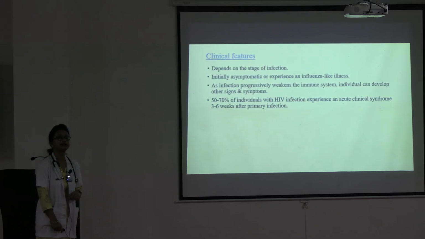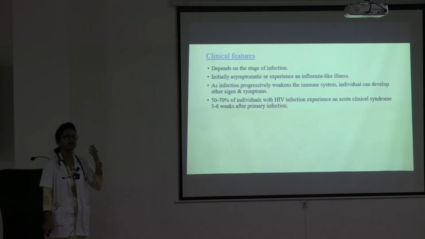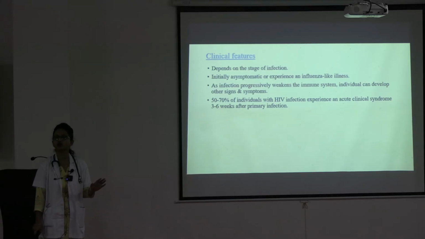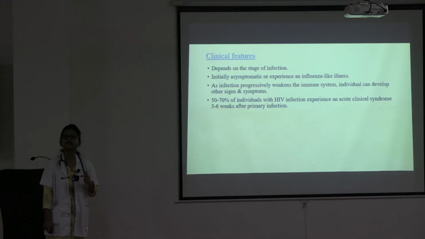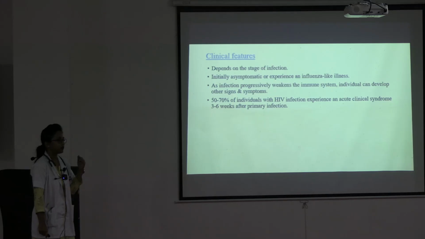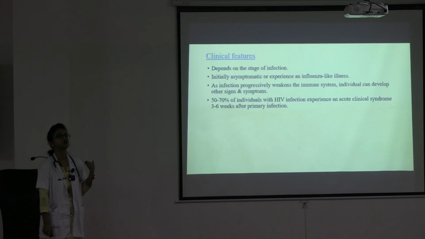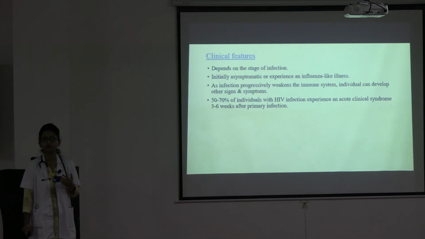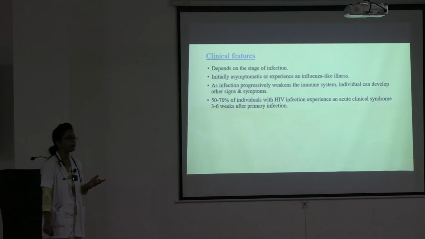Now, coming to the clinical features, HIV involves each and every system of our body, starting from head to toe. Each and every organ is affected. So, the clinical features depend on the stage of infection, okay? In the initial few weeks after getting the infection, the patient may be asymptomatic, or they can present with some influenza-like illness like fever, sore throat, anorexia, decreased appetite, just like that, okay?